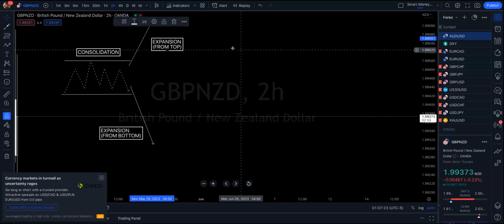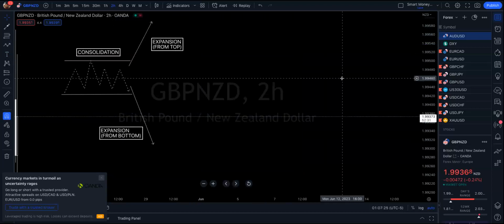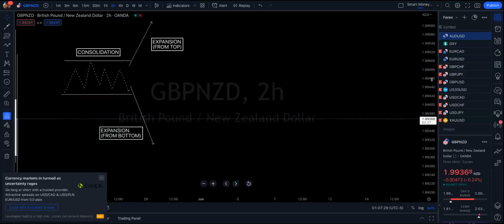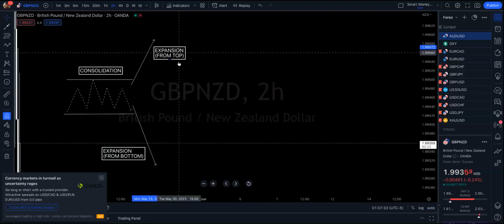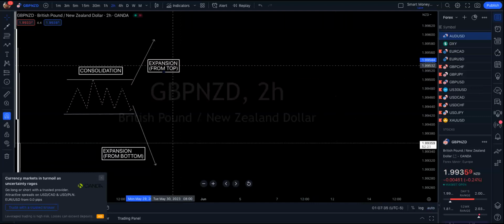That's when price moves heavily in either direction and leaves those big long candles.